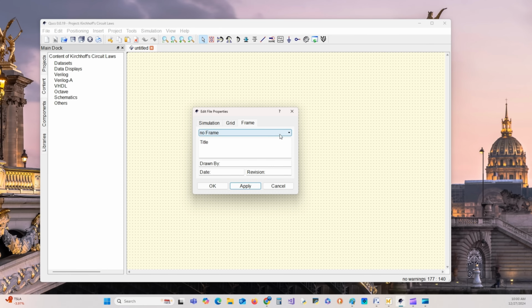The frame, we want an A5. Select whichever you want. Title. Drawn by your name.